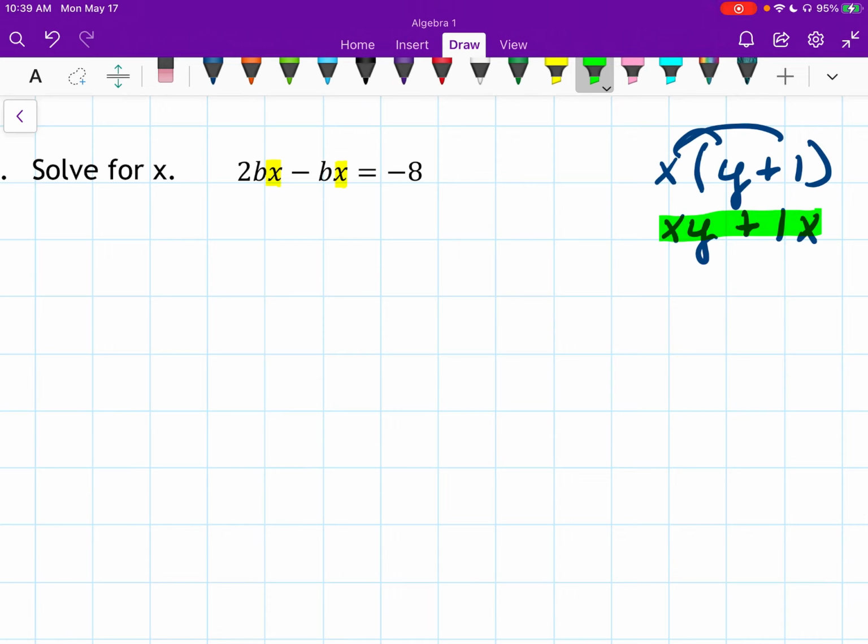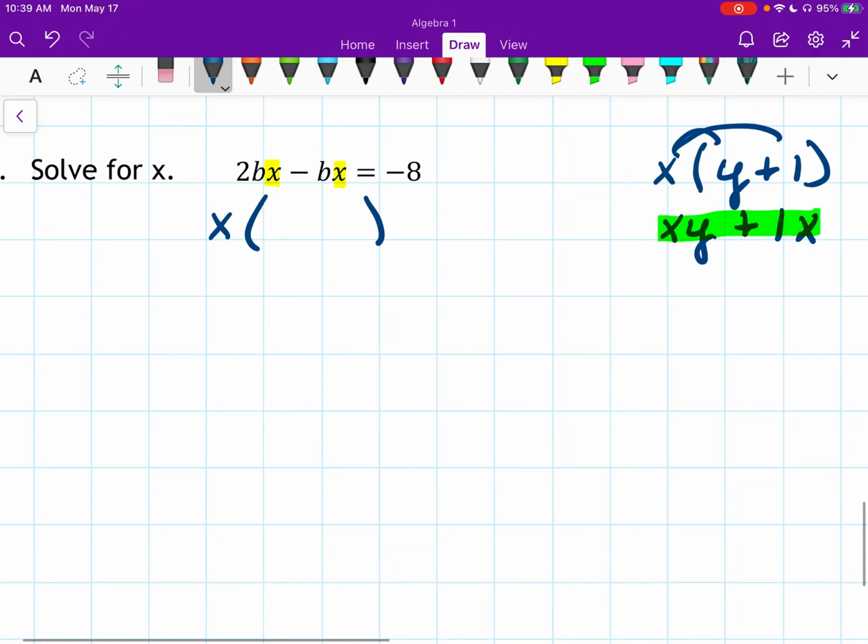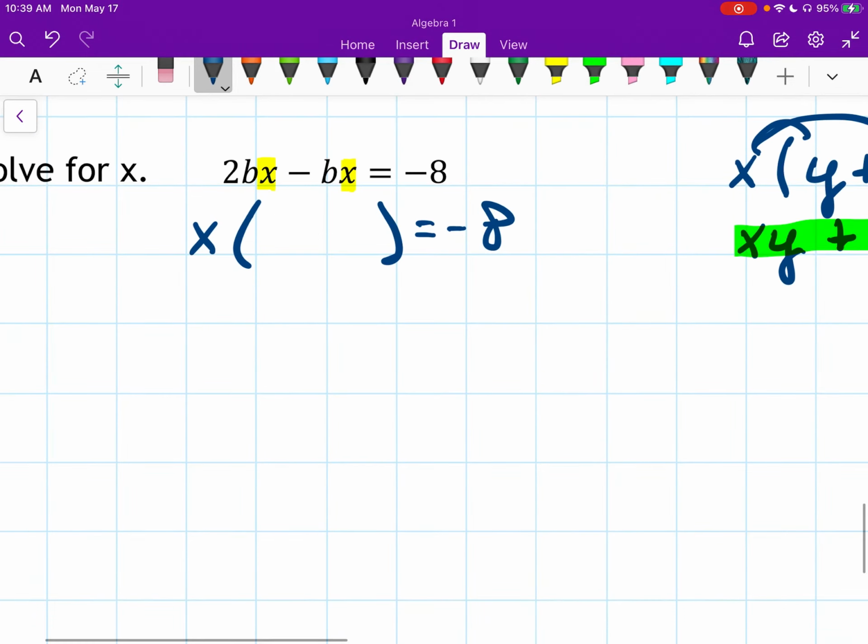There's two different x's. So to undo distribute, to factor, I'm going to pull an x out. Whenever I pull an x out of that first part, I've got 2bx. Whenever I take out the x, I'm going to have 2b. On the second spot, whenever I take out the x, I'm going to have a plain old b. Right? Now, what we have written there, if you were to distribute that x out, we would come back to what we had at the top.